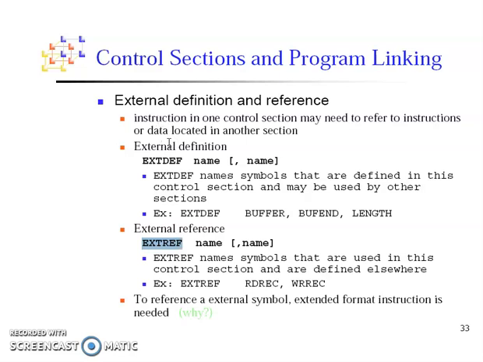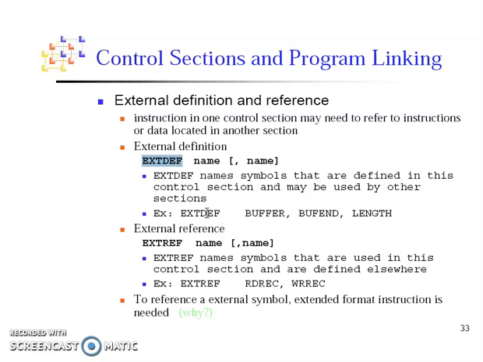External definition means the names or the symbols will be defined inside the control section and may be used in some other control sections. Such symbols or names will be defined using the directive EXTDEF.